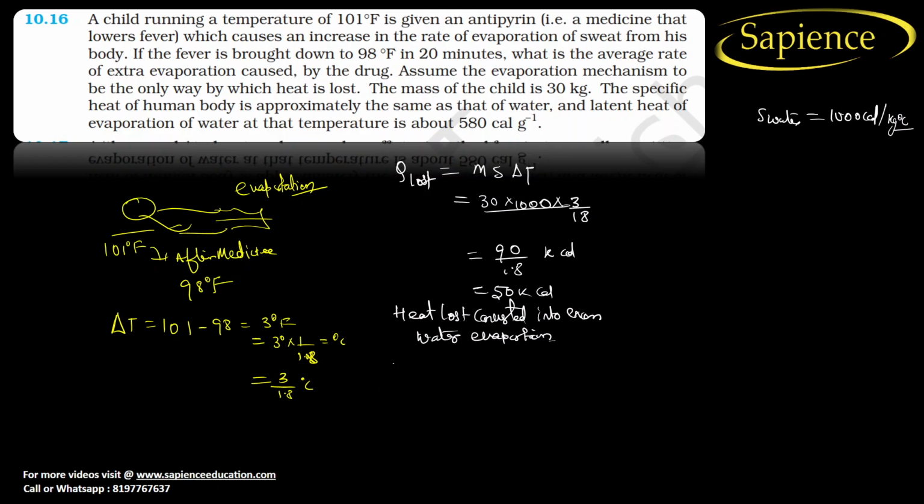So it means that mass into latent heat of vaporization of water is equal to 50 kilocalorie. From here we can find the mass, which is 50 kilocalorie, that is 50000 calorie, divided by the latent heat of vaporization, which is 580 calorie per gram.